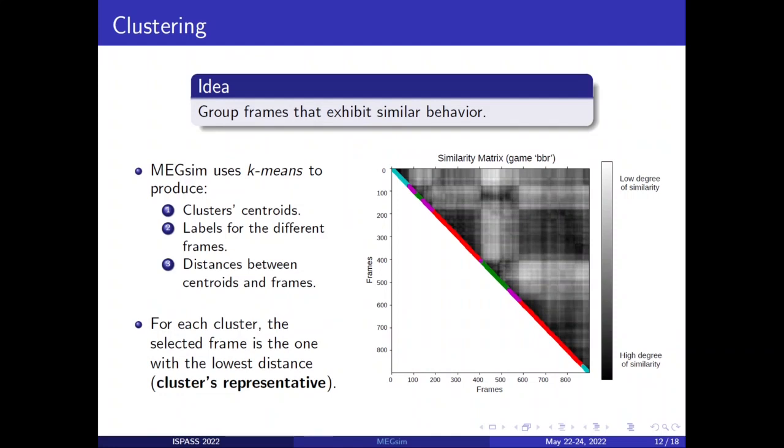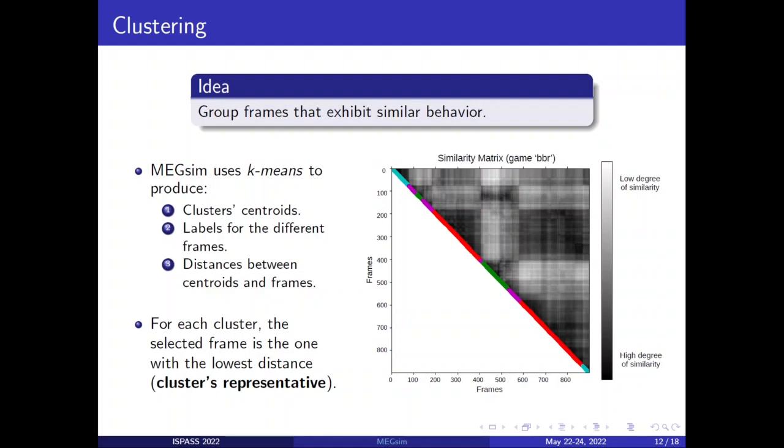Now the idea is to group those frames that exhibit similar behavior. For this purpose, MEGSim uses k-means to produce a vector of length k with all the clusters' centroids, a vector of length n containing all the labels, which is the assignation of the frames to the corresponding cluster, and finally, the distances between the centroids and the frames.